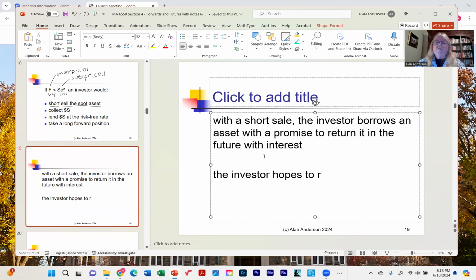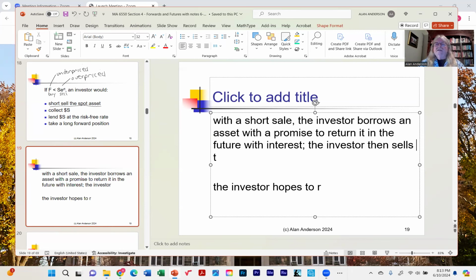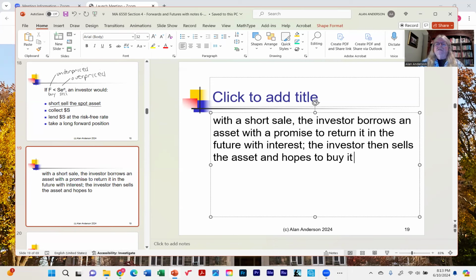The investor borrows the asset with a promise to return it in the future with interest. The investor then sells it and hopes to buy it back for a lower price and then return it to the original owner.